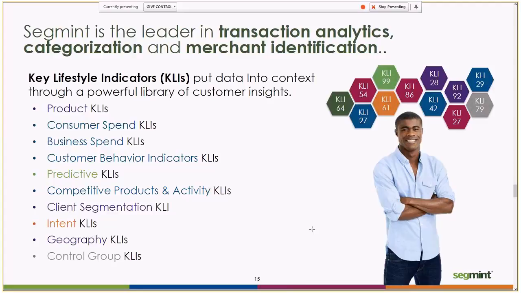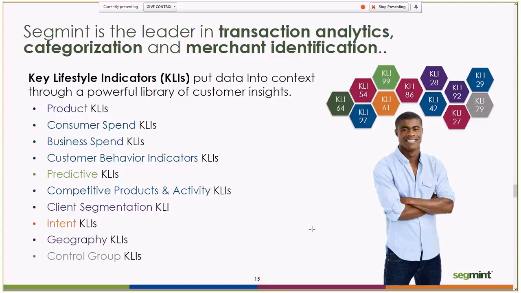Predictive KLIs: we provide predictive audiences, like who's in market for a certain product. Competitive analysis, which I touched on earlier, so we have competitive KLIs, like which of your members has a competitive credit card with Chase Bank, for instance, or a competitive mortgage with Wells Fargo.